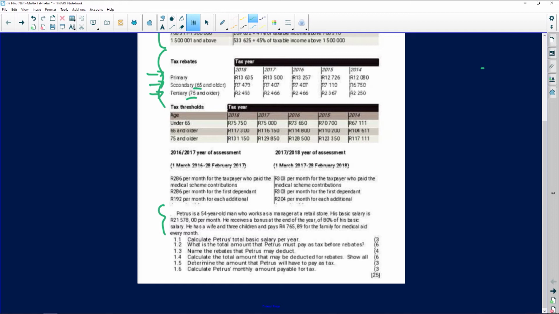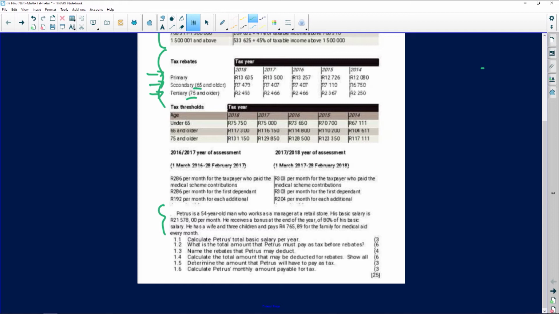So what we also need to know is that SARS also taxes money that you've received as a bonus. So in this particular case, guys, it means that we're going to need to work with it also in terms of putting in that bonus. They wouldn't have told us about the bonus if they didn't want us to add the bonus.